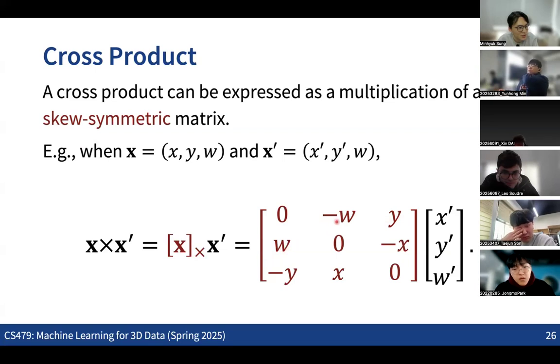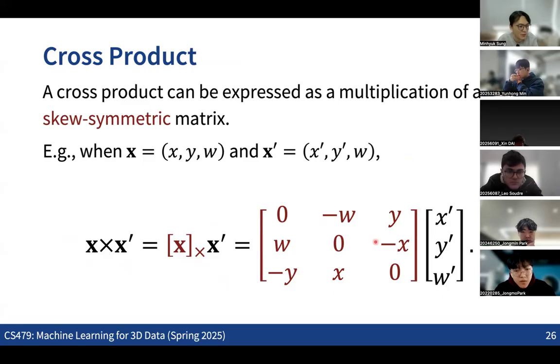You can see w and w, minus y and y, and x and minus x. So given the coordinates of the first vector, instead of calculating the cross product, we can define this matrix and take the matrix-vector multiplication. Then this gives identical outputs.